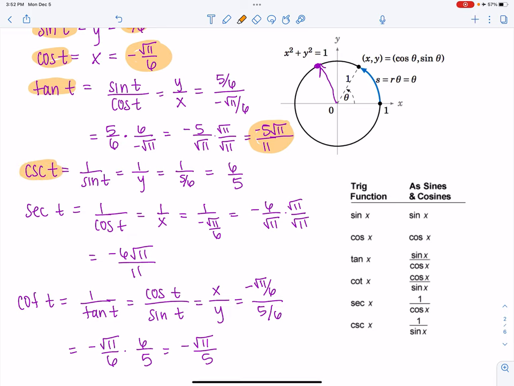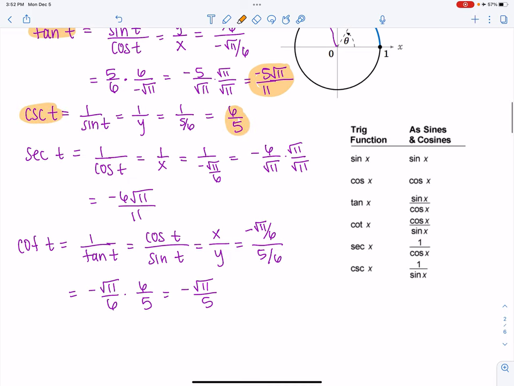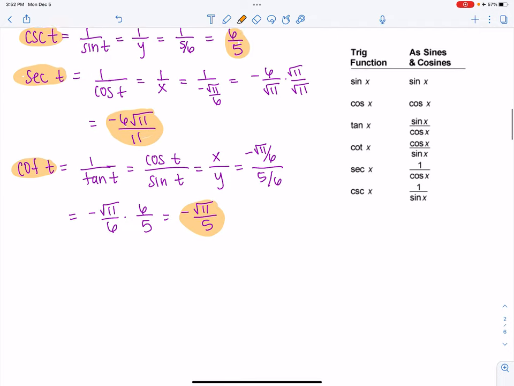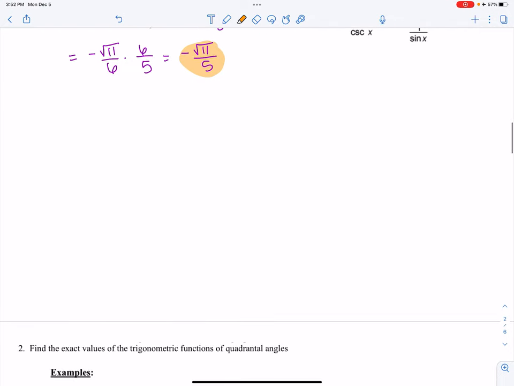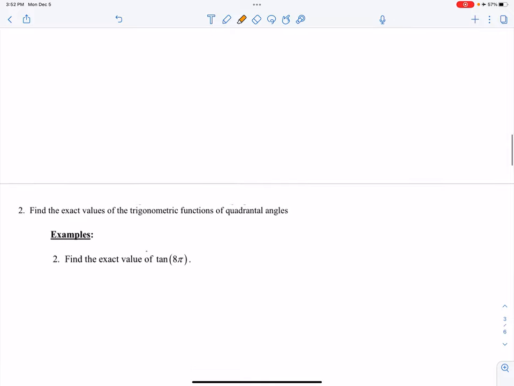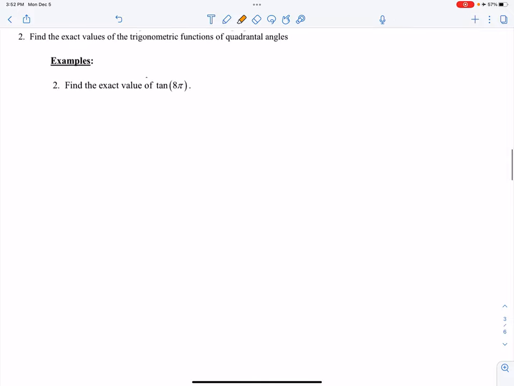Cosecant is 6 over 5. Secant is negative 6 root 11 over 11. And cotangent is negative root 11 over 5. We have discovered all 6 at that point. All right, moving right along.